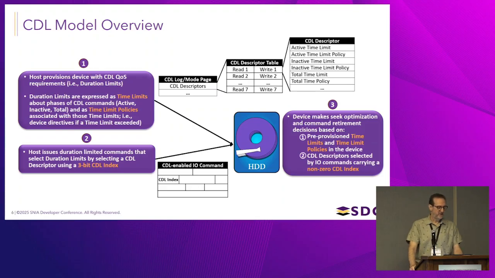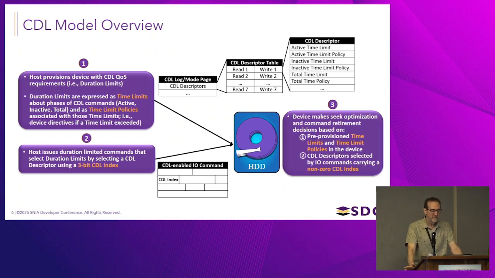So the host provisions the device in these tables that you can see. Right now, the way CDL works is we have descriptors that contain these policies and time limits on the right. And there's up to seven read descriptors and up to seven write descriptors. The next thing that happens is the host starts sending commands that are CDL enabled, and it uses a 3-bit index in the IO command to select one of the descriptors that the drive already has in the device.